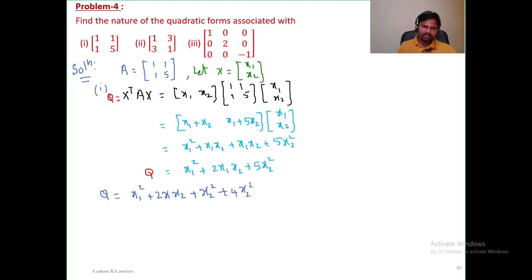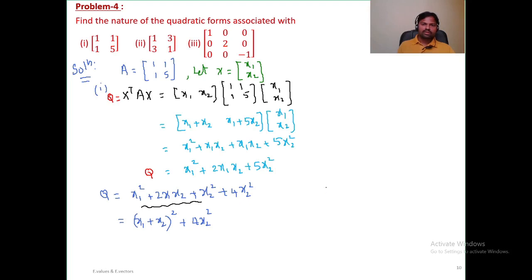These 3 terms I can write as x1 plus x2 whole square, and what is left is plus 4 x2 square.